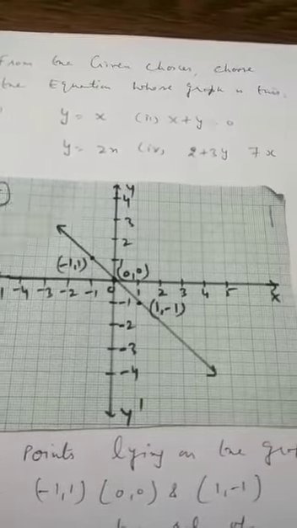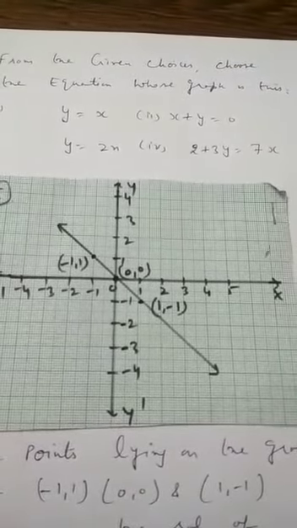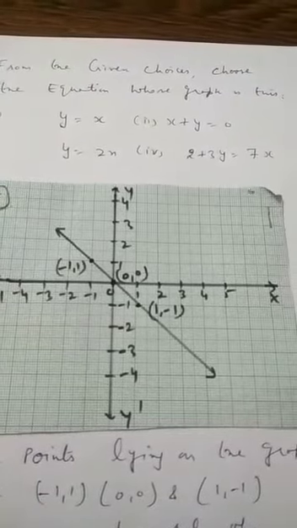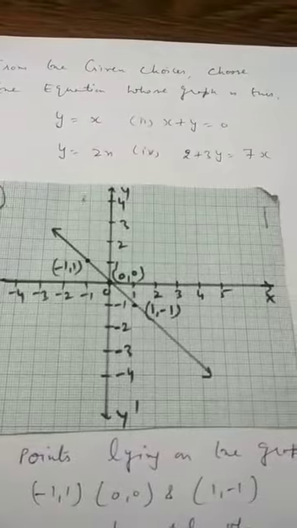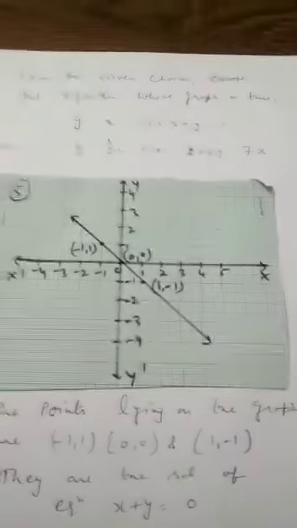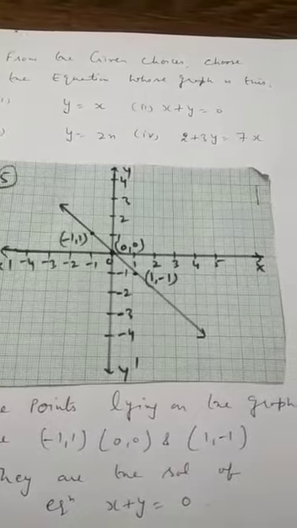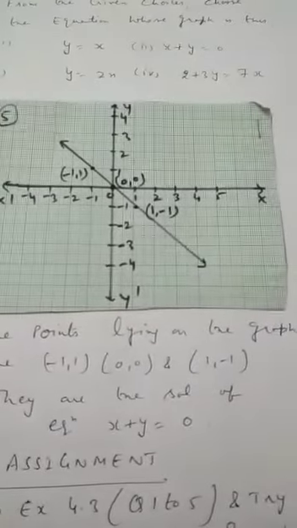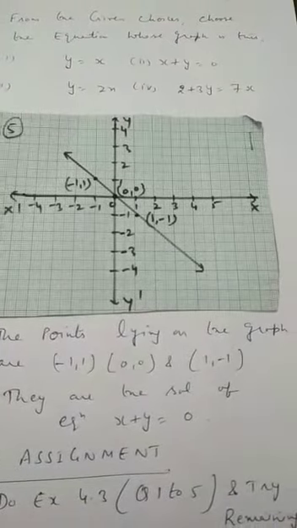If I put minus 1, 1; 0, 0; and 1, minus 1 in the second equation, they all are satisfying. It means this is the graph of the equation x plus y is equal to 0. So here you can identify this is the graph of which equation.